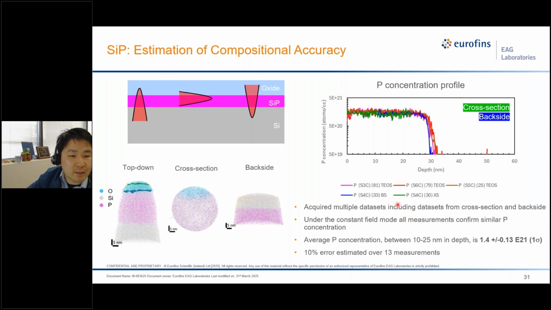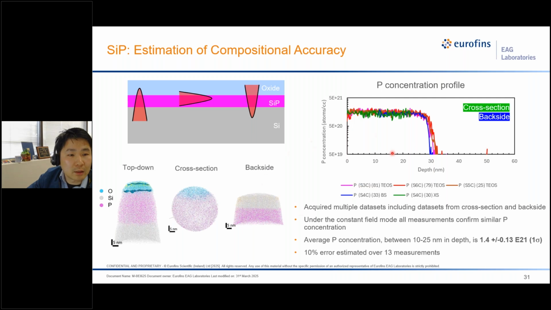That is estimated from 13 measurements, including different capping materials. So that will probably be representative of the accuracy for our measurement. With the atomic percentage of phosphorus, the error will be around 10%.